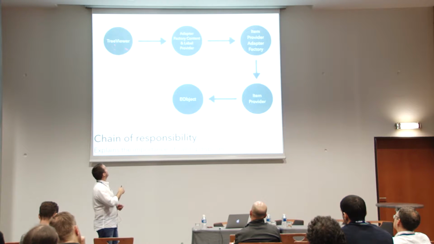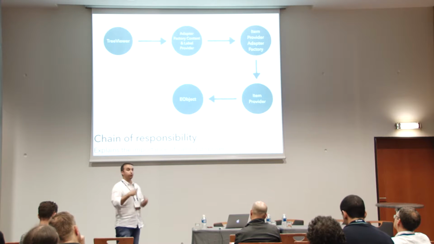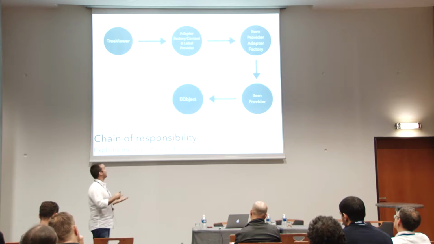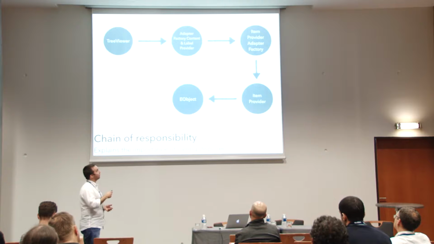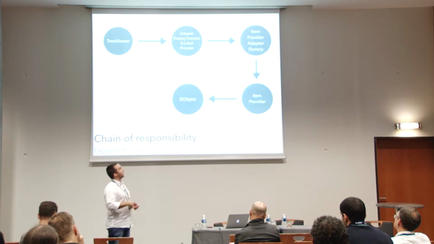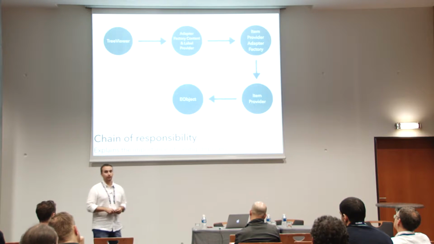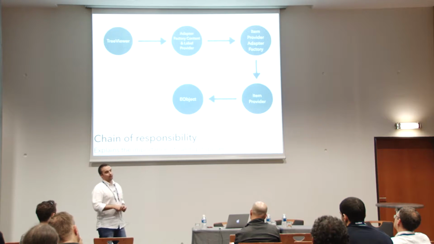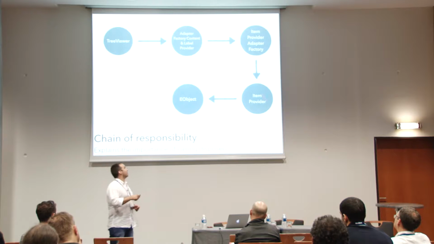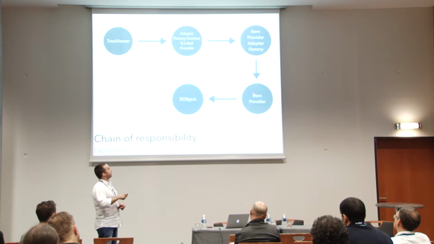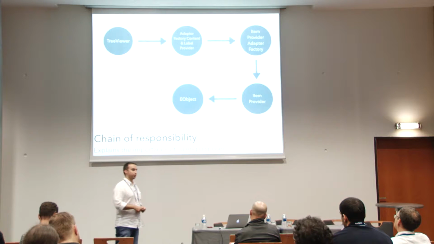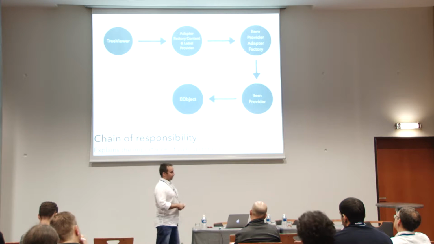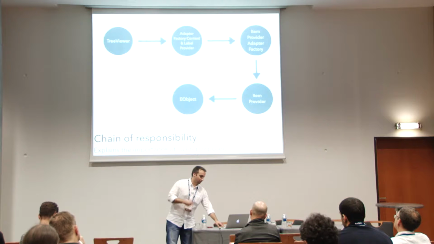So when, for instance, the tree viewer asks for the label of an element that it has to display, it will ask its label provider, which will delegate to the ItemProviderAdapterFactory, which itself will create an item provider, which implements the logic of creating the label for the element that you want to display. This is a bit complicated, but you will see the power through this presentation.